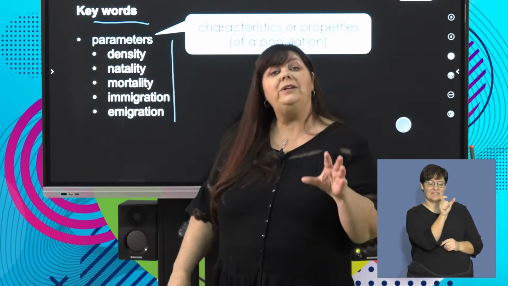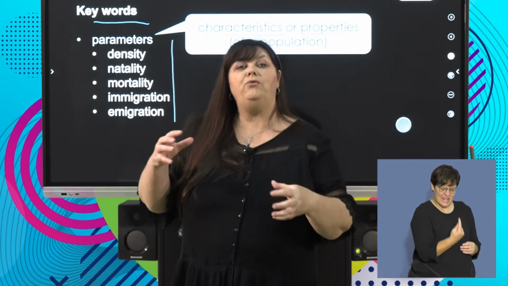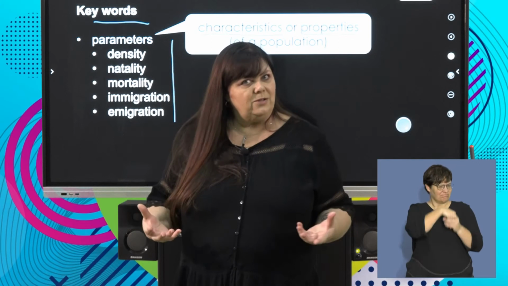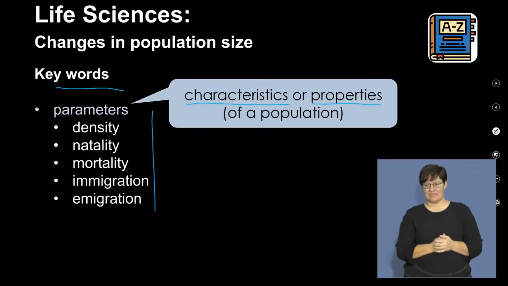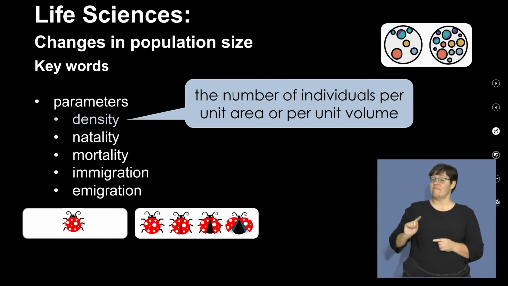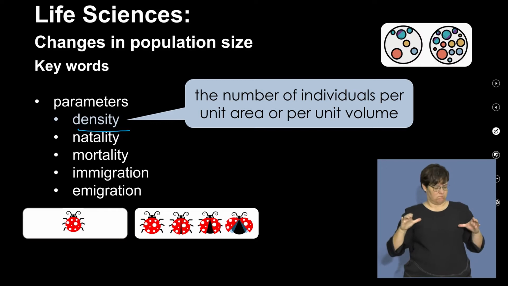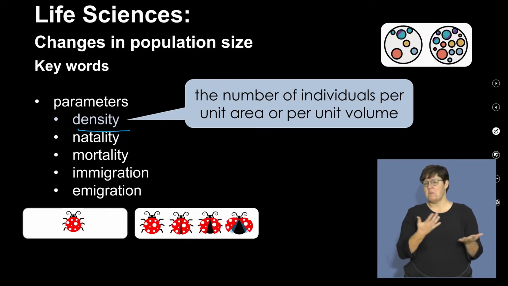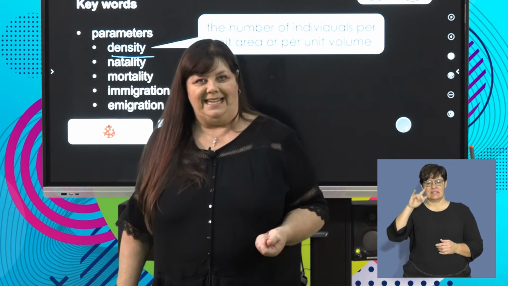We need to now investigate what each of these parameters is all about. Are you ready? Let's start with our first one. We're going to go to our very first one, which is called density. Now, you might be familiar with the everyday use of the word density.